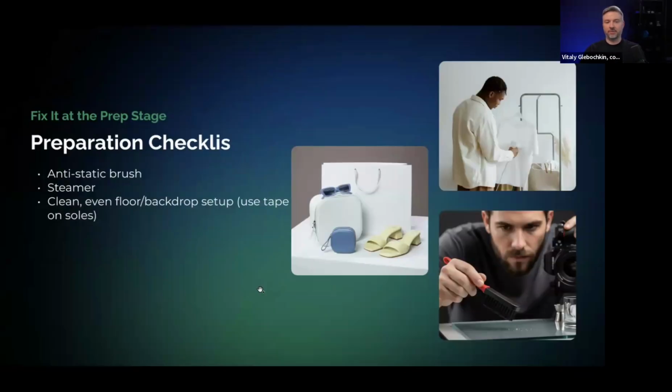So let's start from the preparation for the photo shoot. If you're shooting clothes, have an anti-static brush. If you're shooting lots of dresses and other clothes, it is better to use a steamer. It works way faster than an iron, and you will get a better result with it.